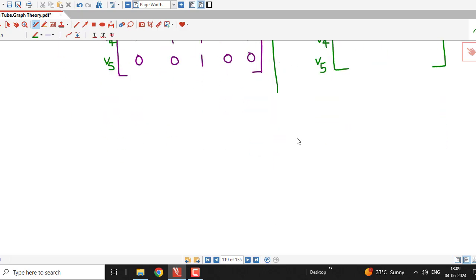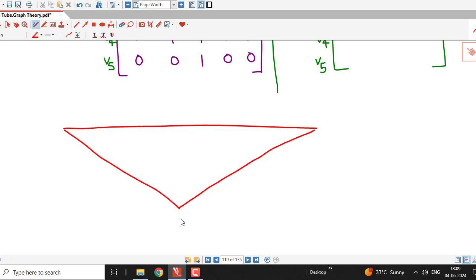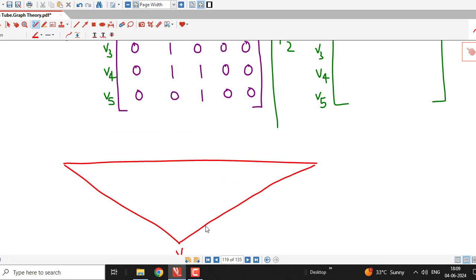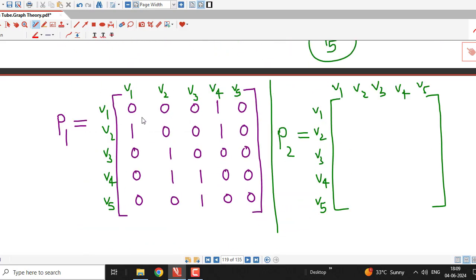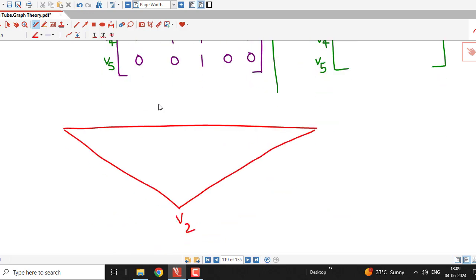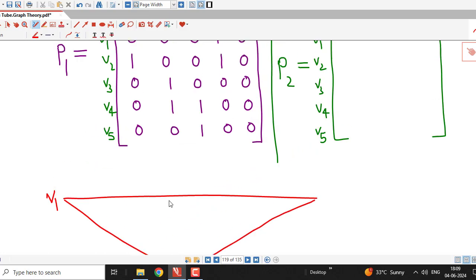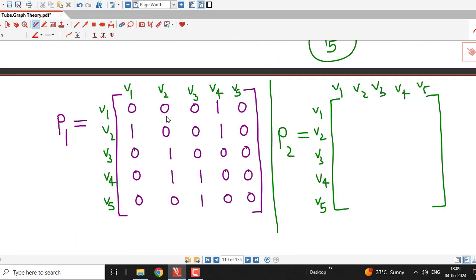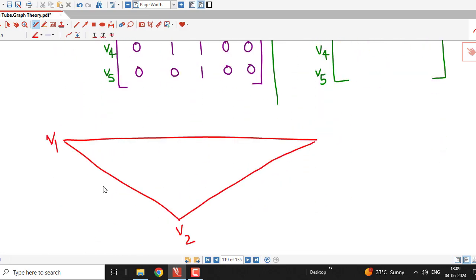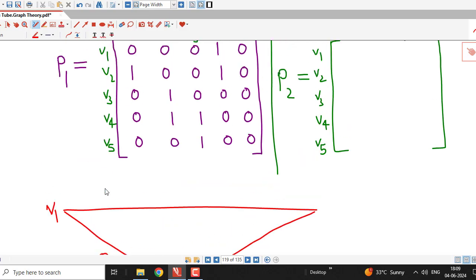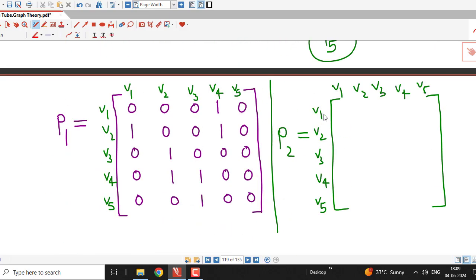For P2 this middle vertex is always fixed, that is V2, because we are writing P2. Now for V1, suppose we fix V1 first, then I have to write V1 to V2. For V1 to V2 I have 0 here, so this is 0. And now I will write for V1 to V1, V1 to V2 up to V5.